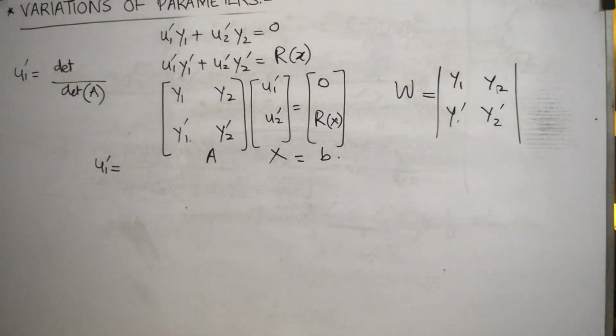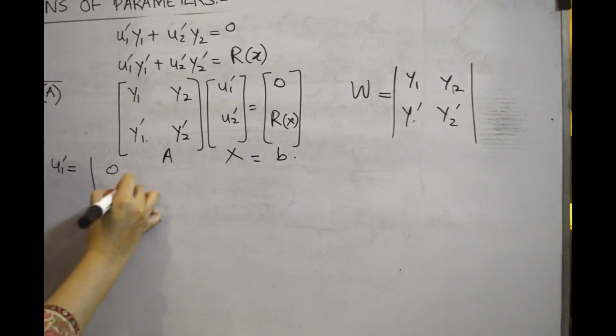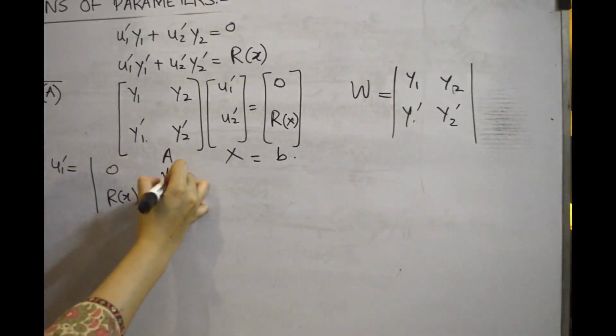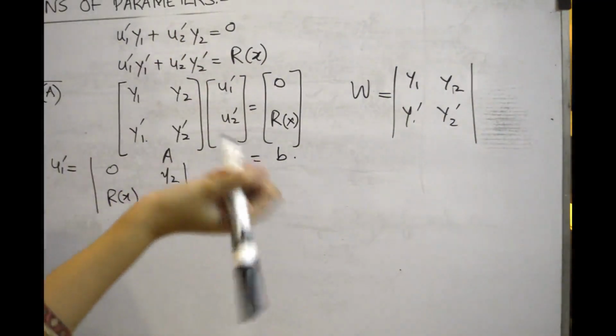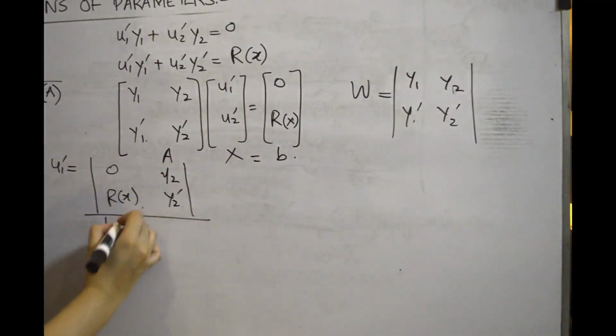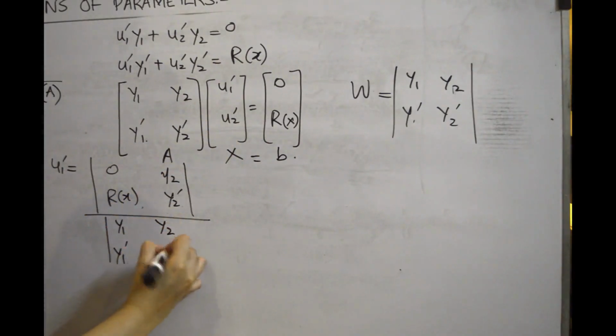Okay, so the determinant of this: if I replace the first column, it becomes 0, r of x, and y2, y2 dash, divided by y1, y2, y1 dash, y2 dash.